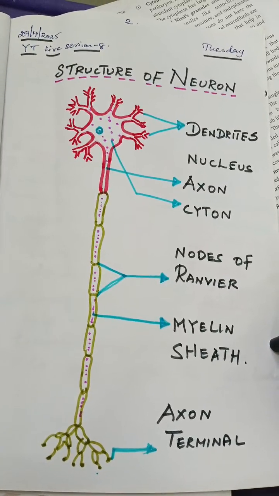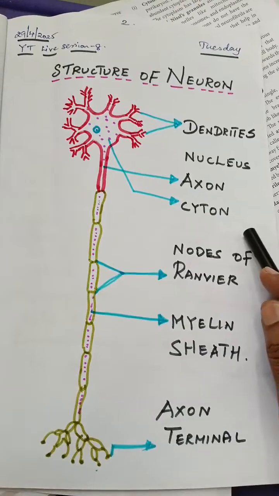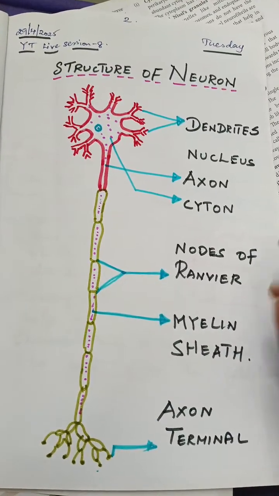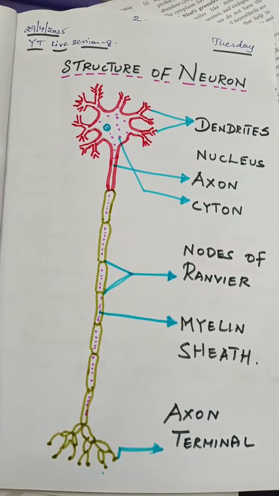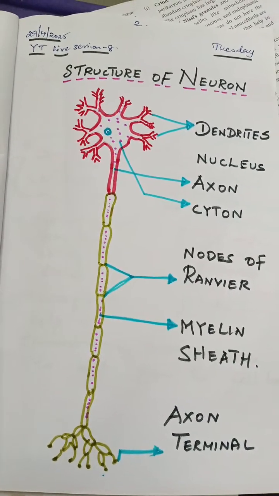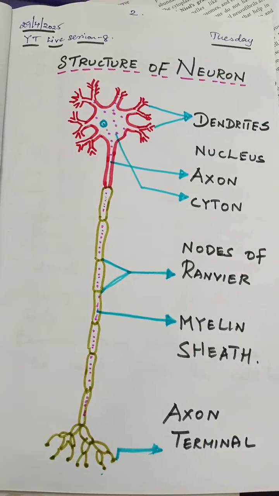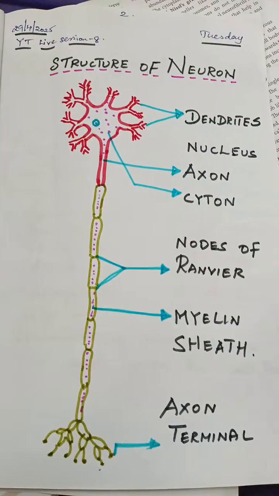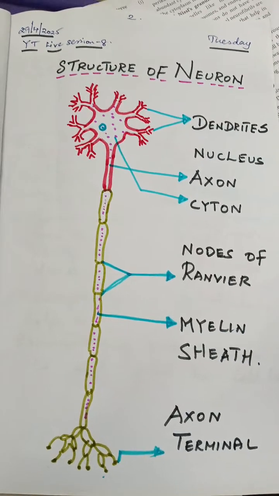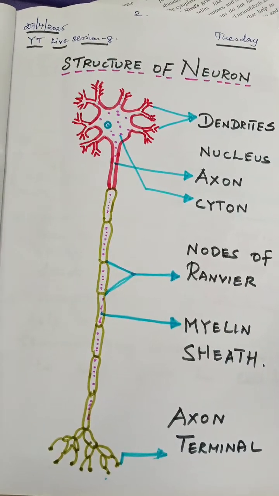So through the receptors, the signals are received by the neurons and it will transmit the impulse. The impulse means the information received from the environment.